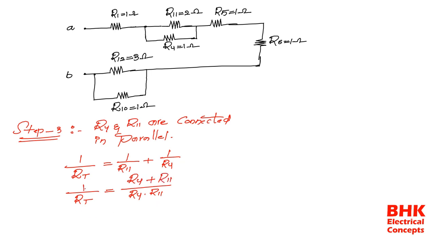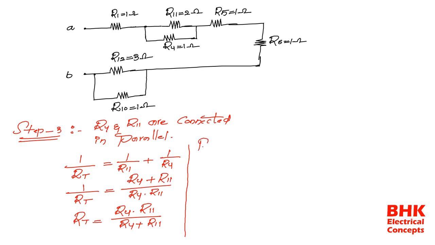Okay, this is 1 by RT is equal to this expression, but we require only the total resistance. Okay, now this total resistance is equal to, take the reverse, that means you will get R4 into R11 divided by R4 plus R11.